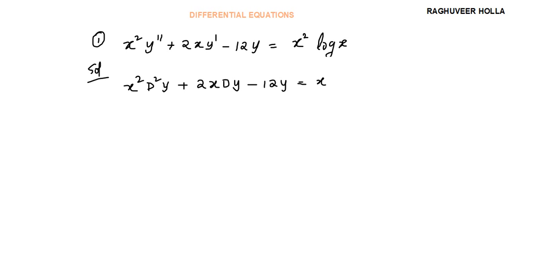You have this as x square and log x. So this I can again write as x square d square plus 2xd minus 12 into y is equal to x square into log x, right?